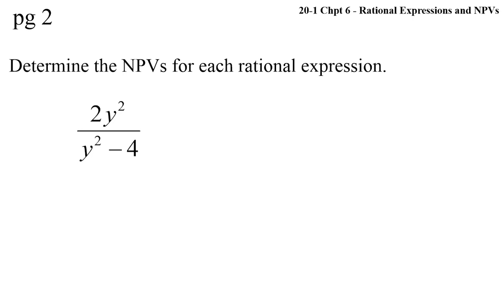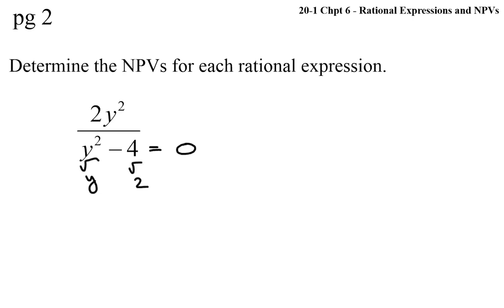Give this one a try, see what you come up with, and then we'll talk about it. So here we want to, again, find NPVs: what makes the denominator equal to 0? Well, before I can do that, what's easier is to factor. Factoring here, it's a difference of squares. Square root of y squared is y.